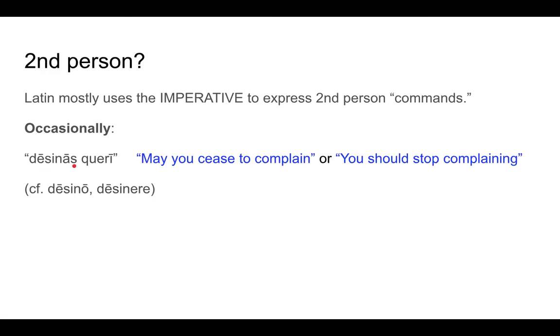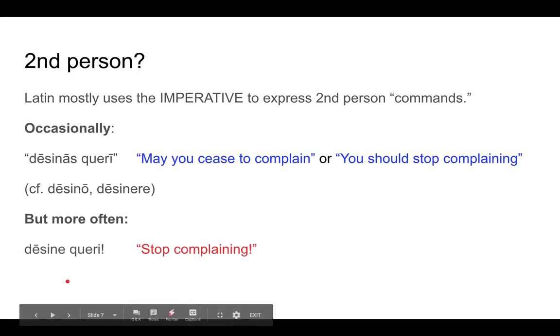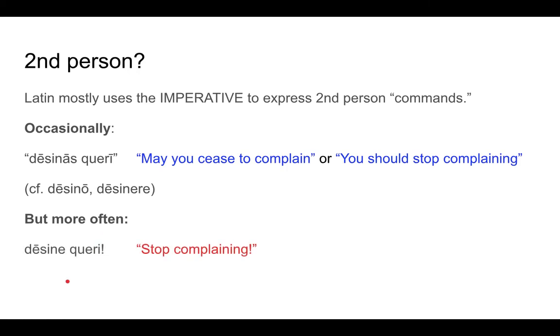It looks like the main verb. May you cease to complain, or you should stop complaining. Kind of sounds subjunctive, doesn't it? Should, potential. It's kind of like a gentle command. You could see that in Latin. More often, you're going to see desine queri. Stop complaining. More effective, I think.